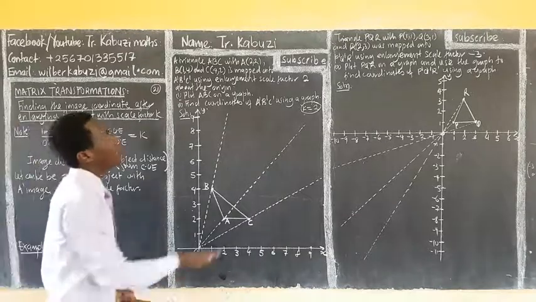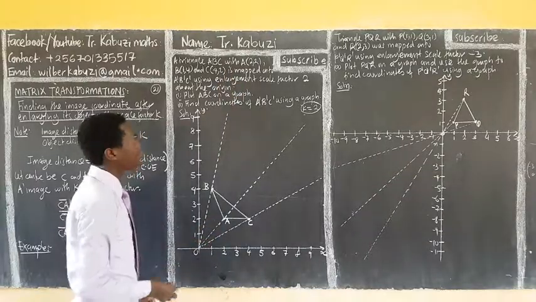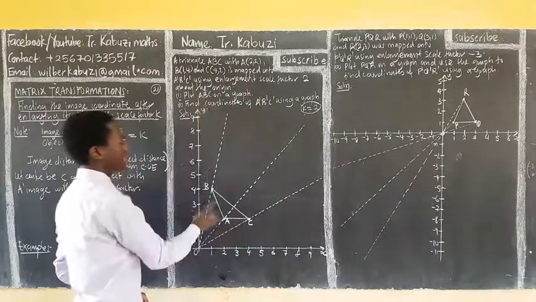Now, what we do, you first plot these coordinates. I think everyone can plot A, B, and C. That's how you plot them.